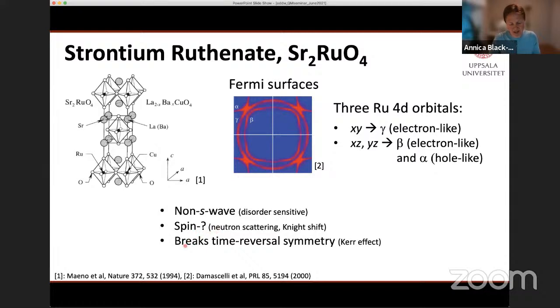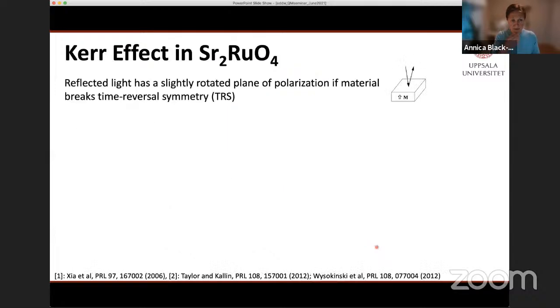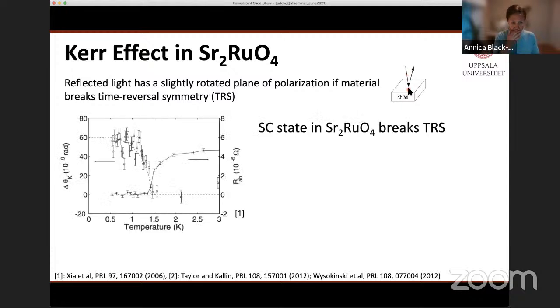The only thing that matters is that it's breaking time reversal symmetry, which has been measured by the Kerr effect. So the Kerr effect is what happens when you measure the reflected light coming out from a material that breaks time reversal symmetry, and the reflected light is going to have a slightly rotated plane of polarization if, well, in the normal case, you have magnetism in the material. So this was measured a number of years ago in Strontium Ruthenate.